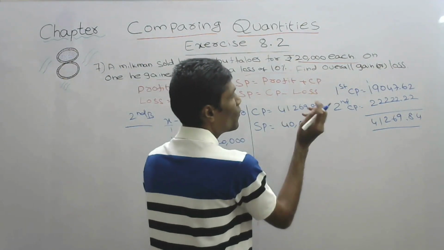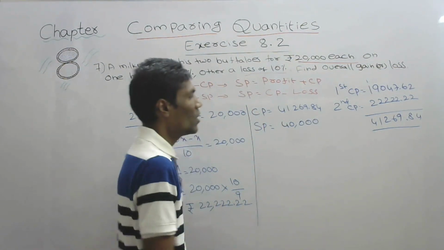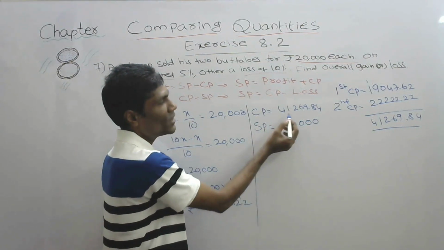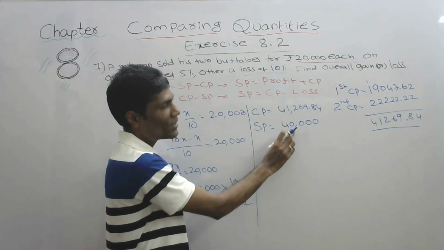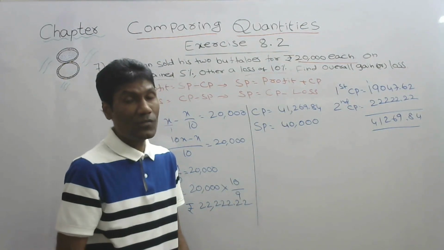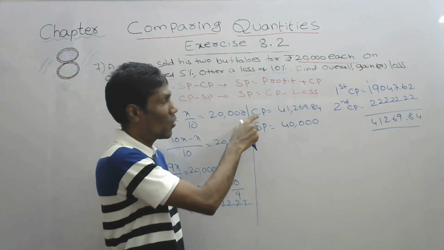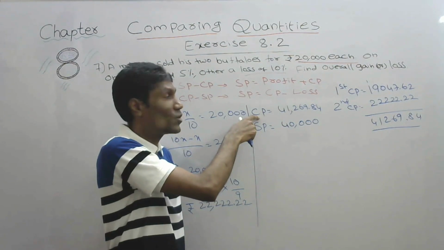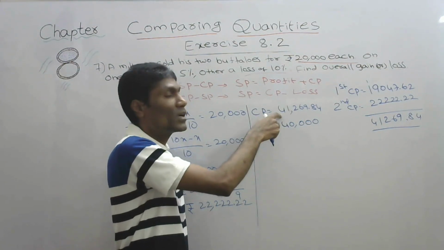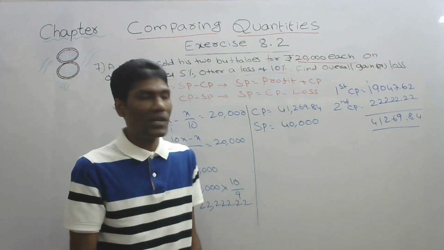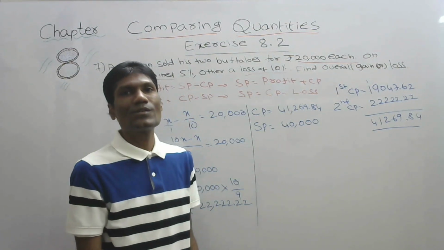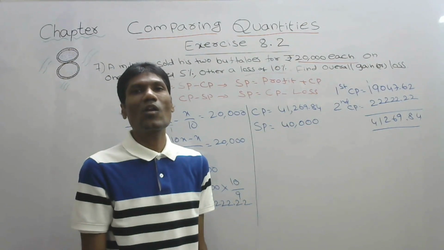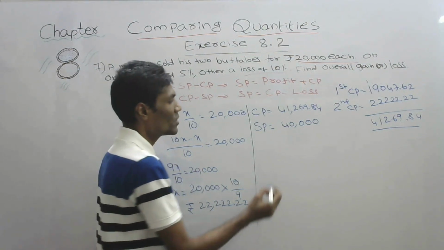SP equal to 40,000. Now cost price is 41,269. Selling price is 40,000. Now which is more? Cost price is more. So we incurred 41,269, but we sold only for 40,000. So we will get loss. What is the loss?